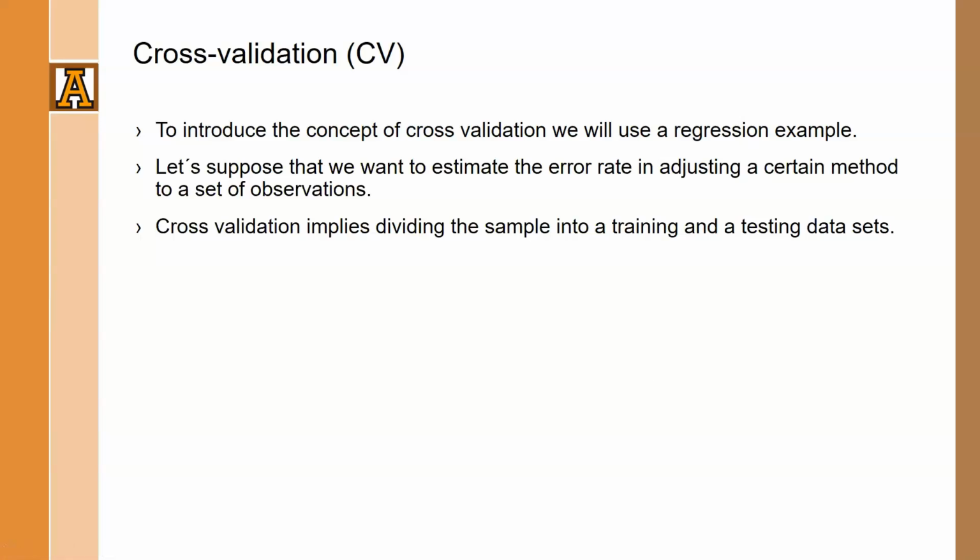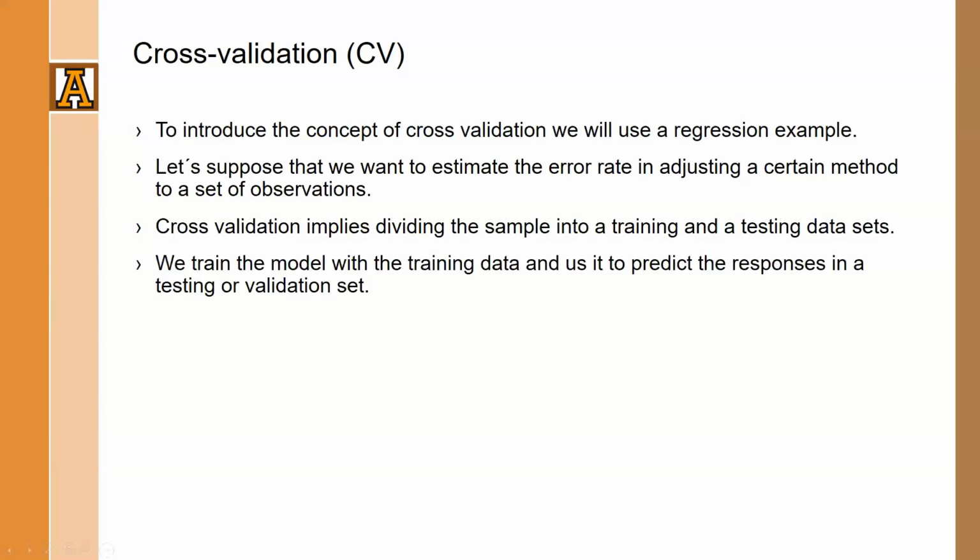We divide the sample into a training sample and a test sample, or validation sample. That's simple cross-validation. We train the model with the training data and use it to predict the responses on the testing data set. Because in the testing data set I already know the response, I can predict it and check the error in that prediction.